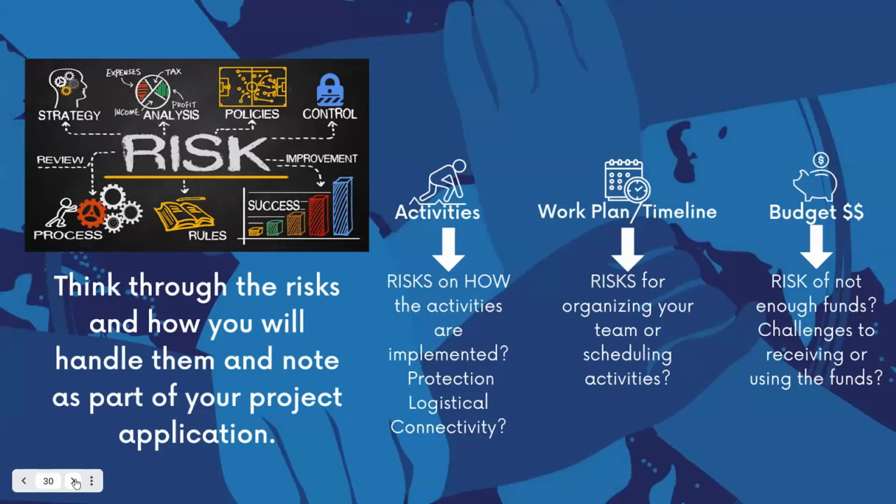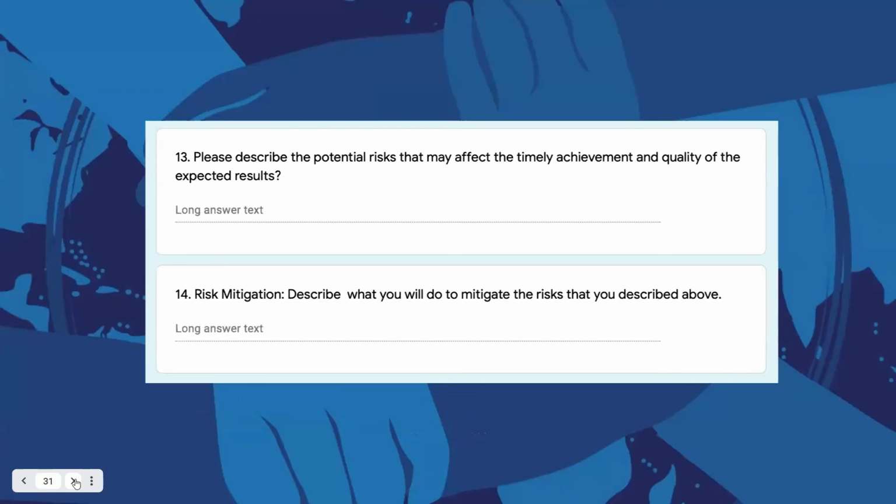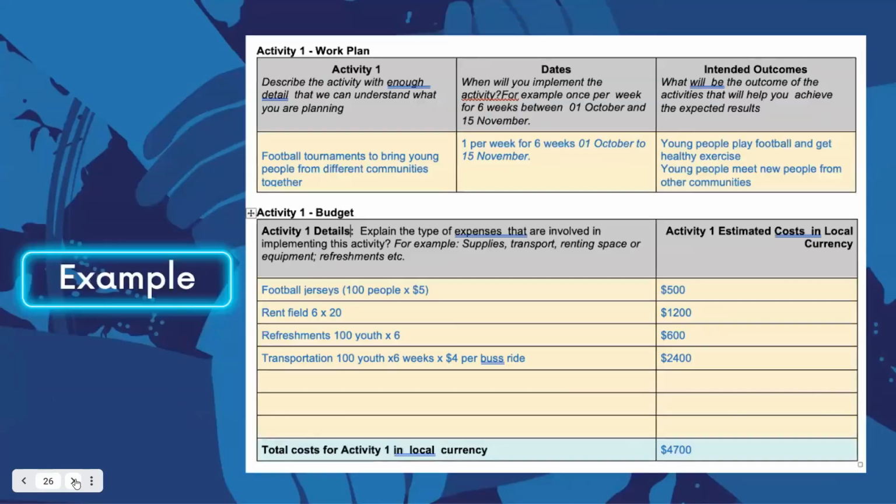It has formulas that will help you with a lot of budgeting, like transport, food, snacks, compensation, and facilitation fees for people who will be coming to the activities. If you use a phone, you may not be able to use it, but if you download it on a computer and fill it out, it will automatically calculate it for you.